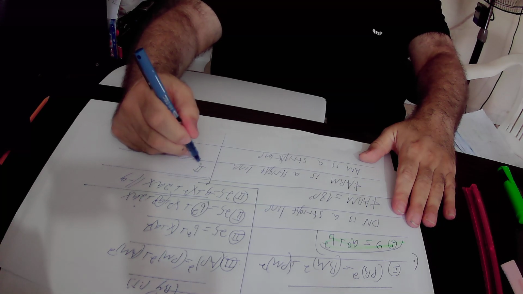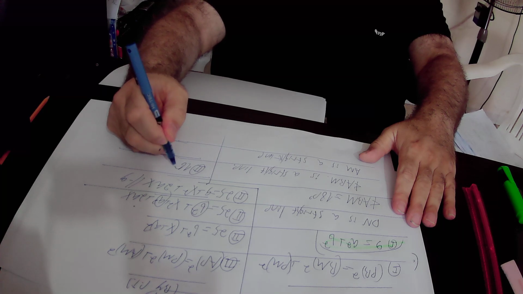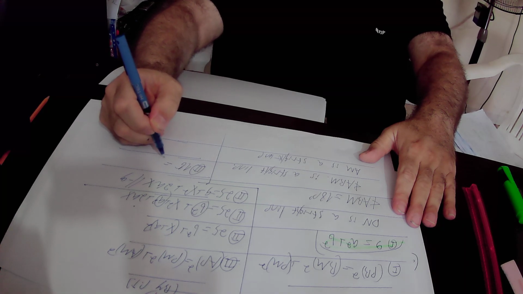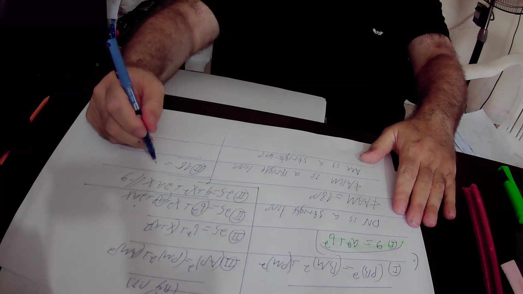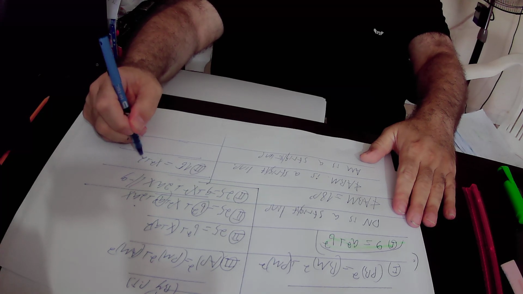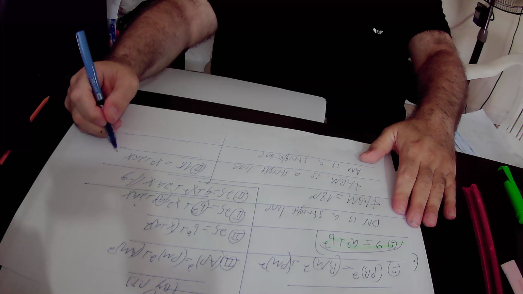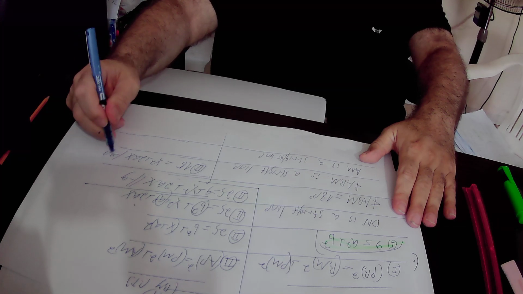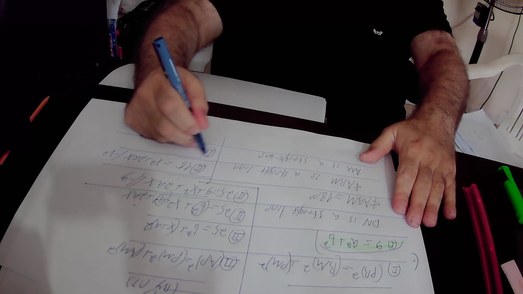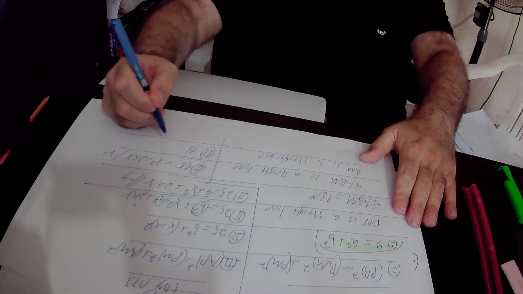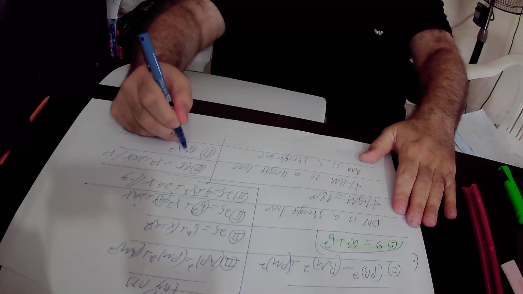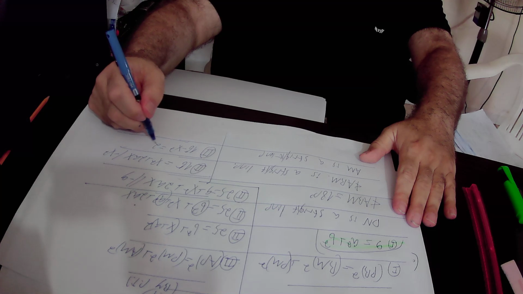25 minus 9 is 16, and it is equal to x squared plus 2ax. Here we subtract x squared from this equation, and we get that 16 minus x squared equals 2ax.